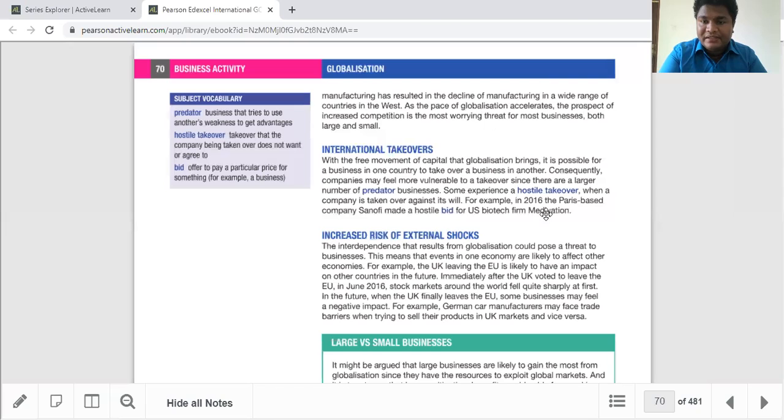For example, in 2016, the Paris-based company Sanofi made a hostile bid for the US biotech firm Medivation. That's only one example; there are so many hostile takeovers in the world. Sometimes, strategically, they take over another company through the share market, continuously purchasing, and at the end they take over that company.